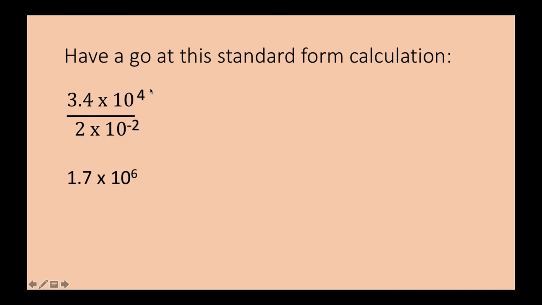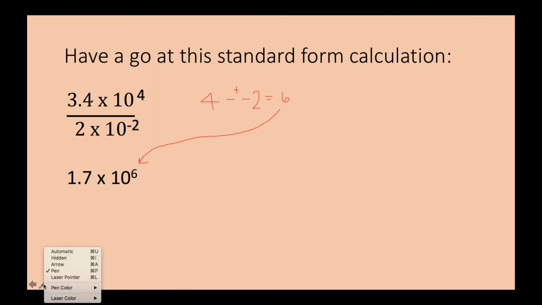I'll show you what that looks like. 4 take away minus 2. If you can remember what I said about these two, they kind of join together to make an add, which actually makes 6, which is why we have a 6 just here. I hope that makes sense.